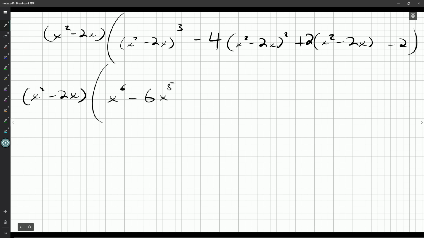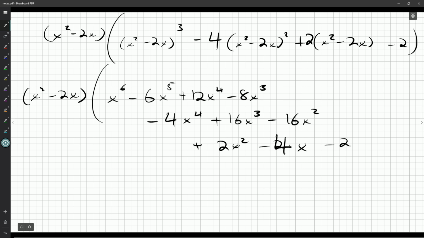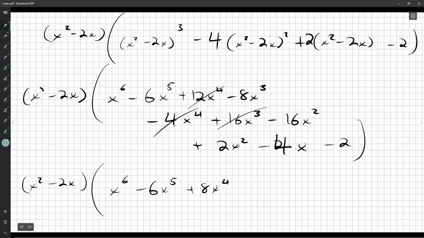X to the 5 plus 12x to the 4 minus 8x cubed minus 4x to the 4 plus 4 times 4, so 16x cubed minus 16x squared plus 2x squared minus 4x minus 2. x to the 6 minus 6x to the 5, cancel those out, so we'll get plus 8x to the 4, cancel those out, so we'll get plus 8x cubed minus 14x squared minus 4x minus 2. You can really, really see that this would have been just a disaster.